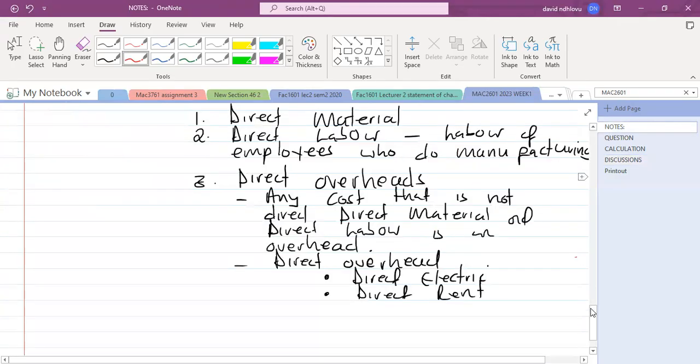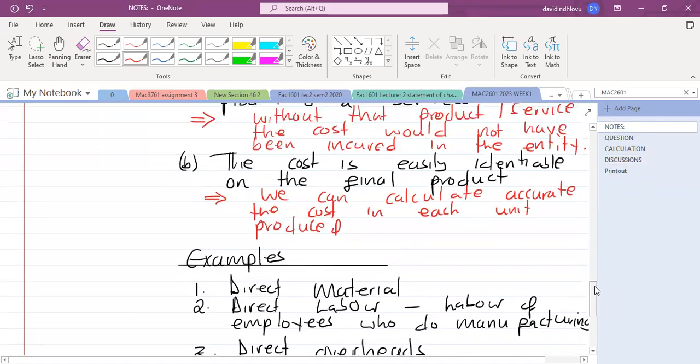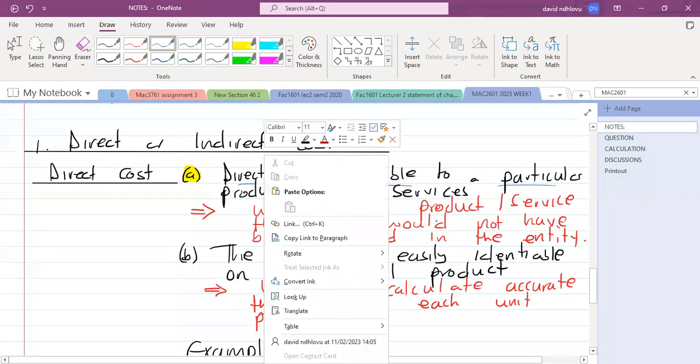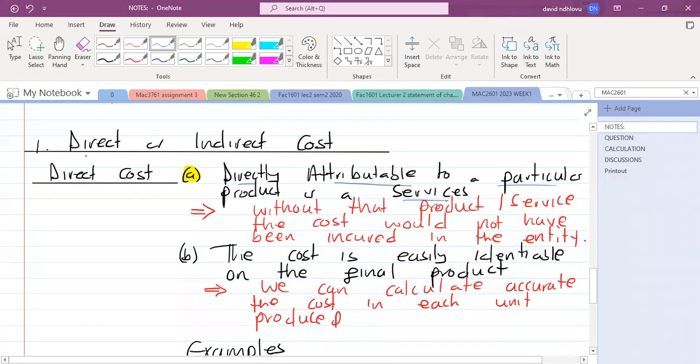Right, so this is what we have explained here, that when it comes to a direct cost, it is attributable to a particular product or a particular service. So that is the defining factor when you look at direct cost. Is all of this cost attributable to a particular product?